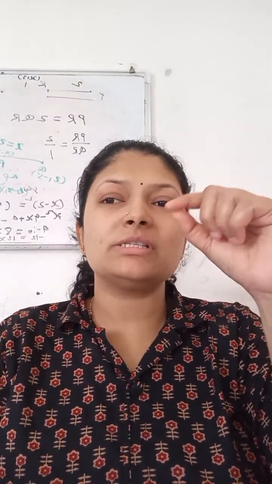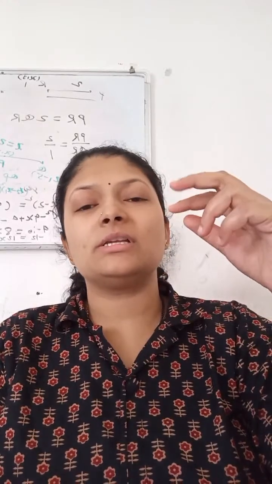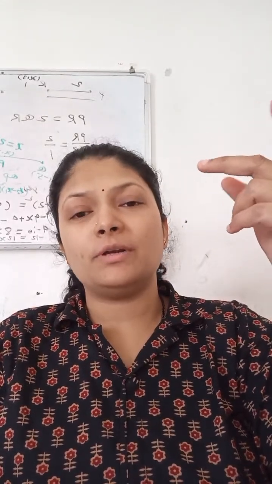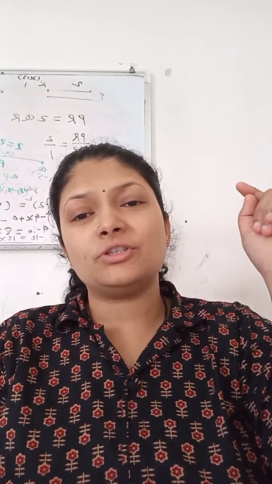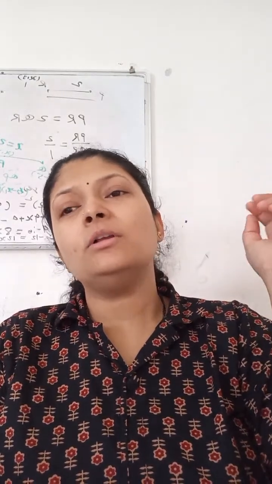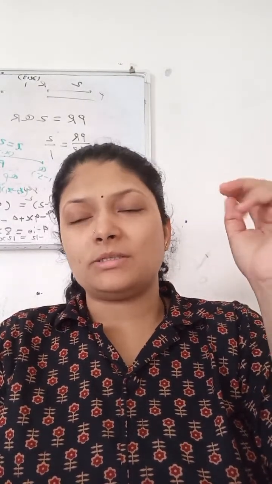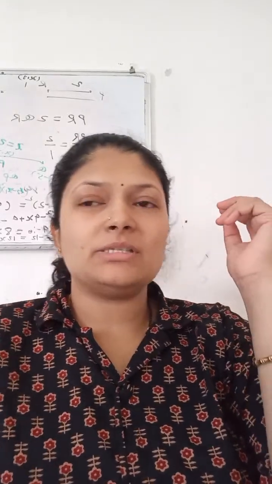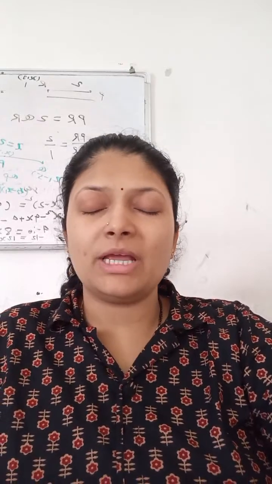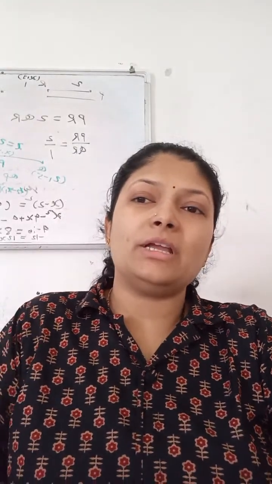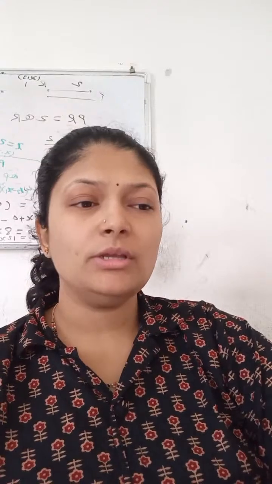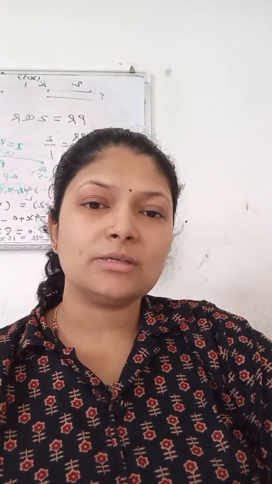So a single cell or single nucleus gets divided into two different nuclei, which is called fission. Fission means breaking into two parts. Binary fission takes place, and we can take the example of amoeba. From that, a new organism gets formed.